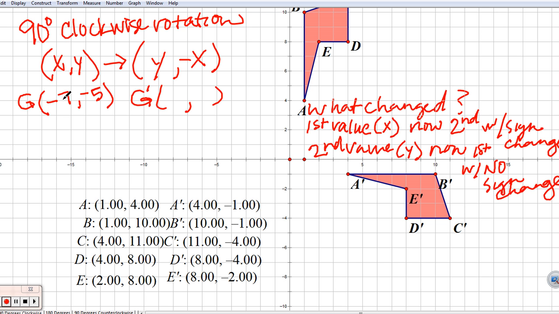So this is telling me that my -7, or x value, I should write that second in my new point with a sign change. My negative now becomes a positive. And my second value, or y coordinate, now should be written as my first number with no sign change. If I have to draw this without using a graph or say where the coordinates are, I can say that G prime for sure is at -5, 7.